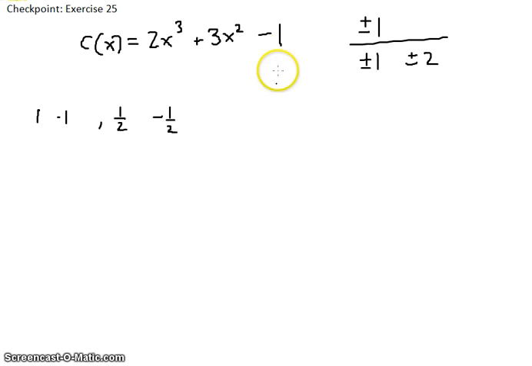We're missing this x term here. So I got to deal with that like I dealt with before. So I'm going to put the 1 here. So I get 2, 3, 0, negative 1. Let's see what happens.